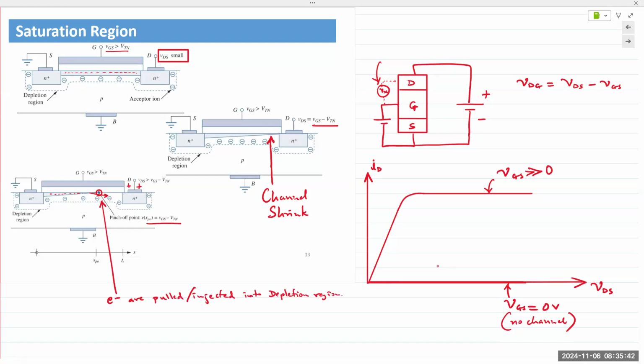And once they are in the depletion region, the positive voltage at the drain attracts the electrons, and they still keep flowing through.